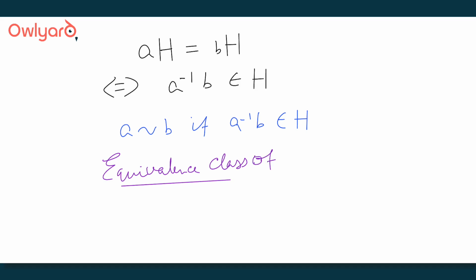Let's say the equivalence class of A. The way it is defined, essentially this equivalence class is the coset generated by A, or in other words, containing elements X such that X inverse A belongs to the subgroup H.